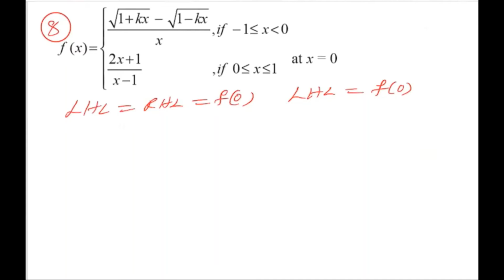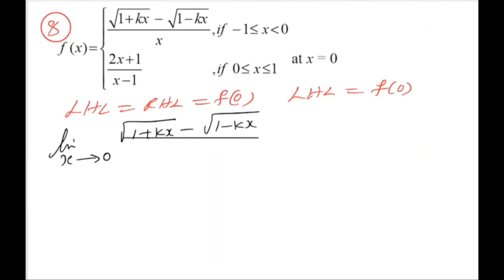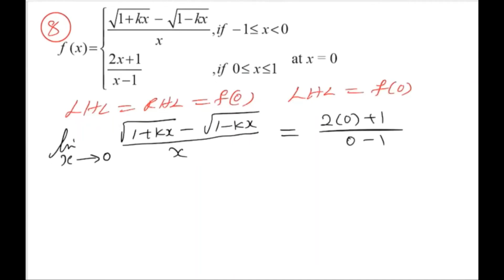Now the left hand limit is limit x less than 0, x tends to 0. Take the appropriate function, 1 plus kx minus root of 1 minus kx upon x, equal to f of 0, which is 2 times 0 plus 1 upon 0 minus 1. That reduces to minus 1.